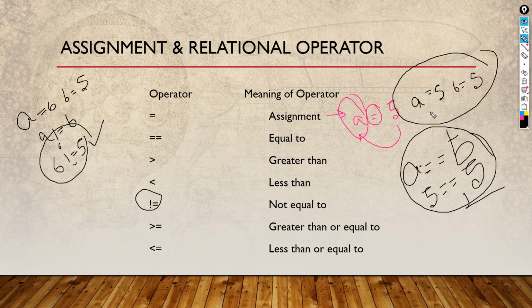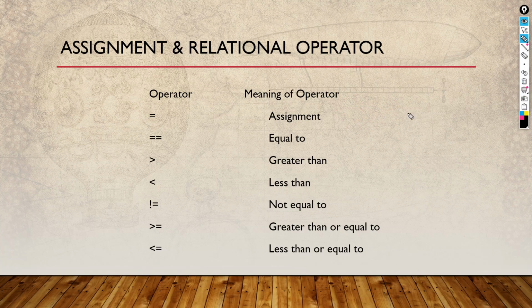Now in the earlier example, if we say a not equals b, what will it return? It will return false, because a is equal to b. Here all the values are the same, so a not equal to b will be false, right? Now we all know what greater than or equal to and less than or equal to are. I'm not going to discuss that.